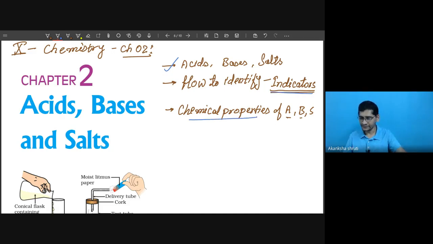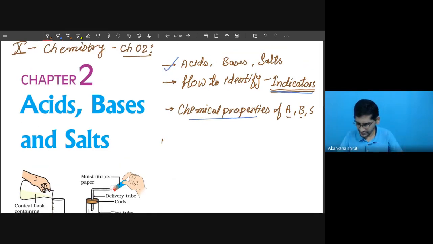Okay, students? So what is an indicator? Write down the topic: indicators. The name itself tells that it is indicating something.